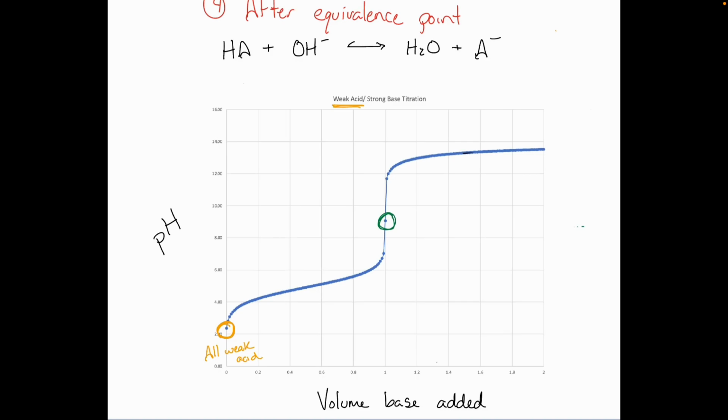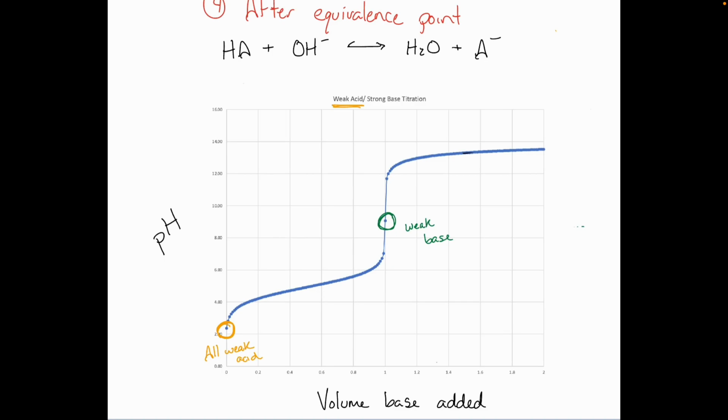So at my equivalence point, I'm left with a solution of just what? If I've driven this reaction now all the way over here, I'm left with just my products, which are water and a weak base. All right, so that's my approach to calculating pH in these 2 regions.